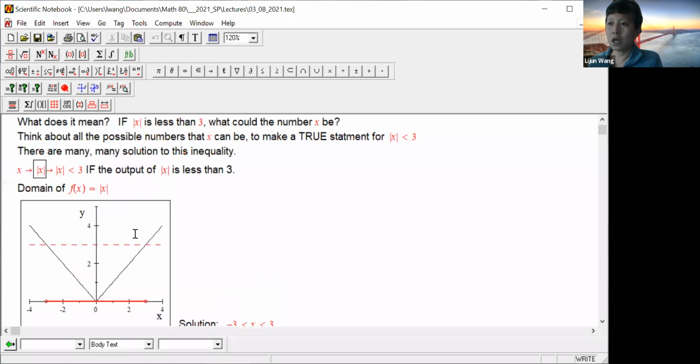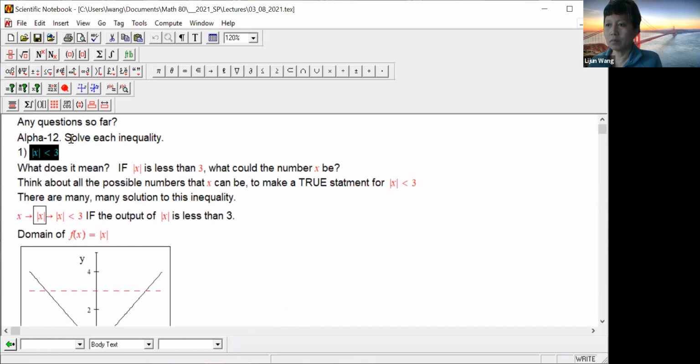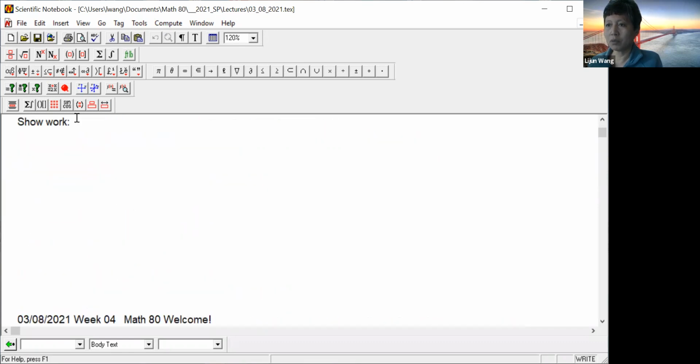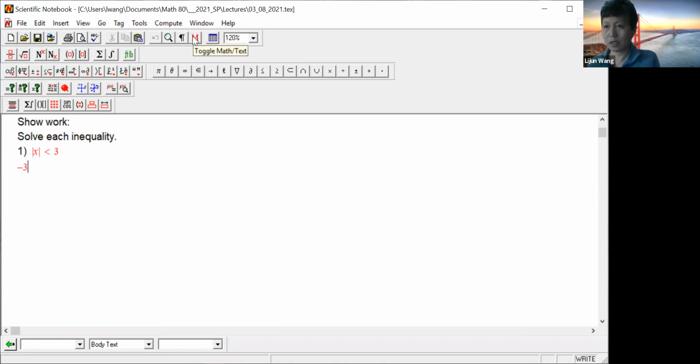Solve this inequality. How much work do you need to show? The answer is -3 less than x less than 3. You're done. That's all.